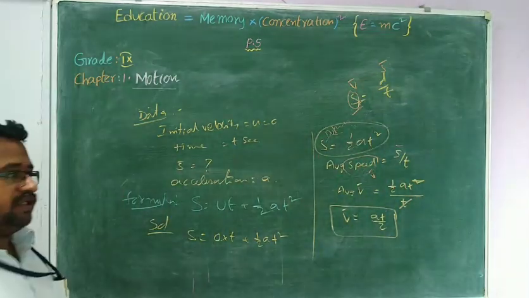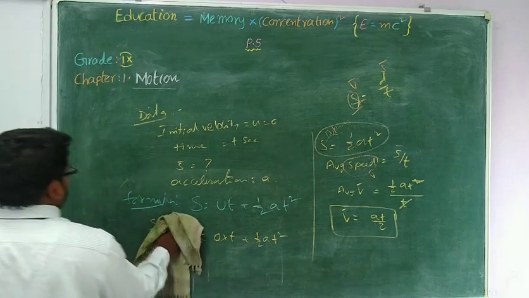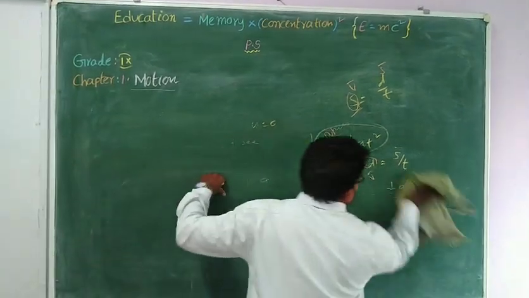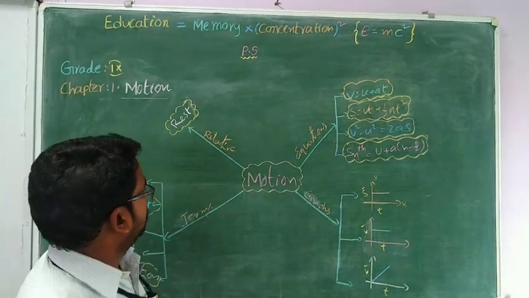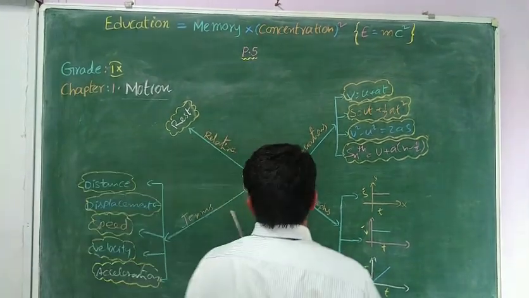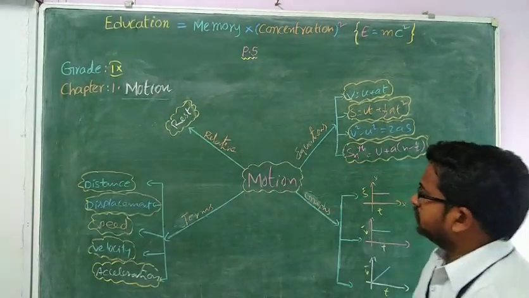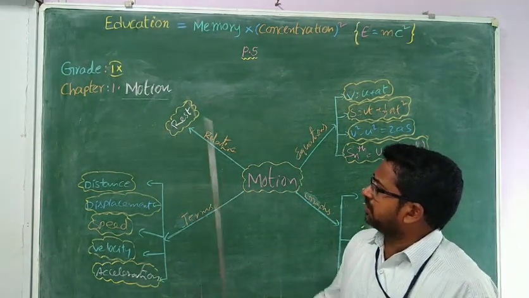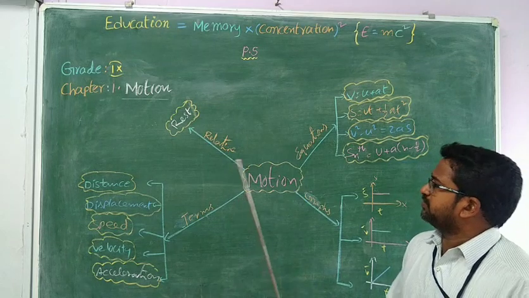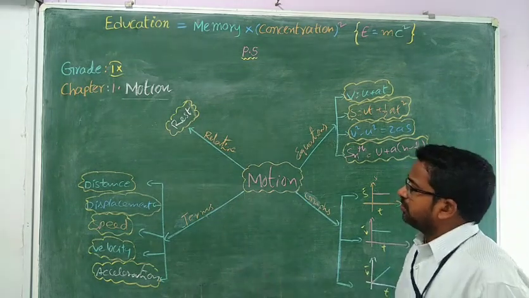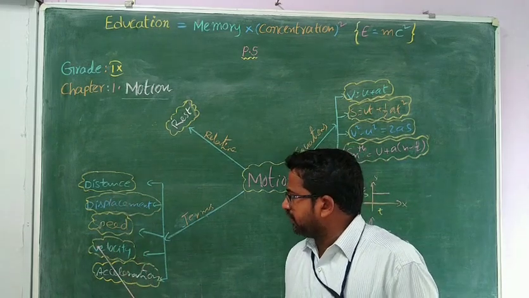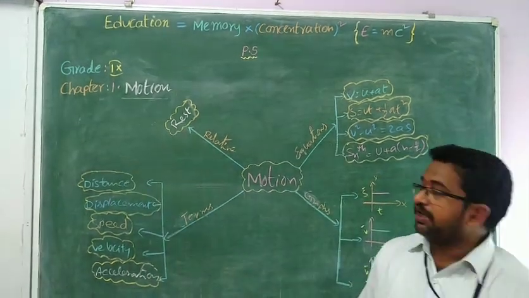Now we will see the gist of the chapter, what we learned in this chapter. It's about the gist of our lesson, Motion. In this lesson we learn about the relative terms rest and motion, whether motion and rest are relative or not, and the different terms: distance, displacement, speed, velocity, acceleration and their relative terms.